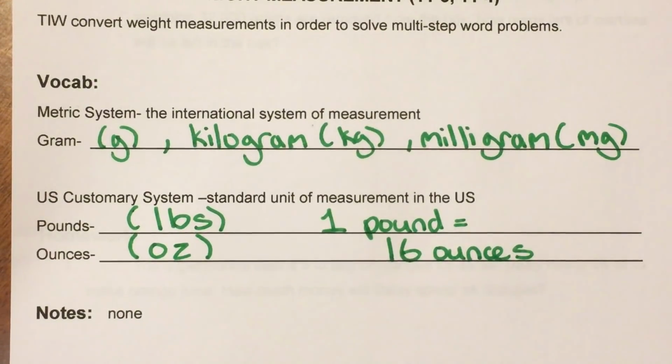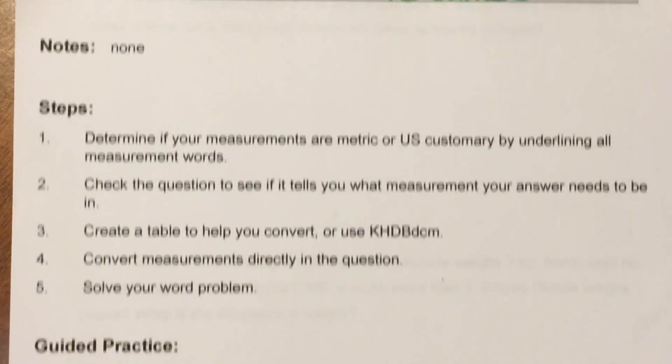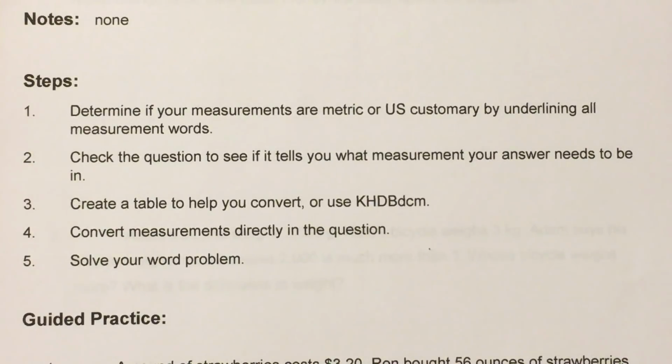Okay, so we don't have any notes, and actually our steps are identical to what they were in the last lesson. We're going to first determine if we're using the metric system or the U.S. system by looking at all of our measurement words and underlining. Then we're going to look at the question carefully and see if the question tells us specifically what measurement we need to use, because sometimes we can choose our measurement and sometimes they tell us what they need us to use.